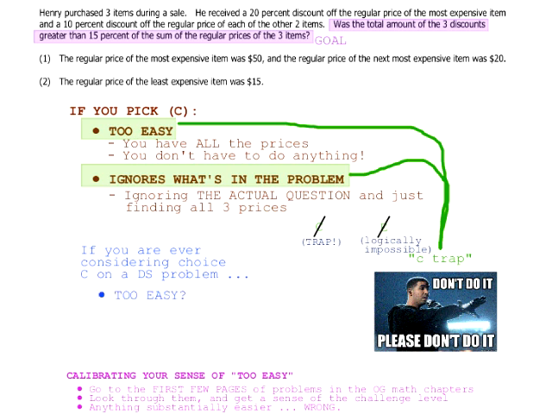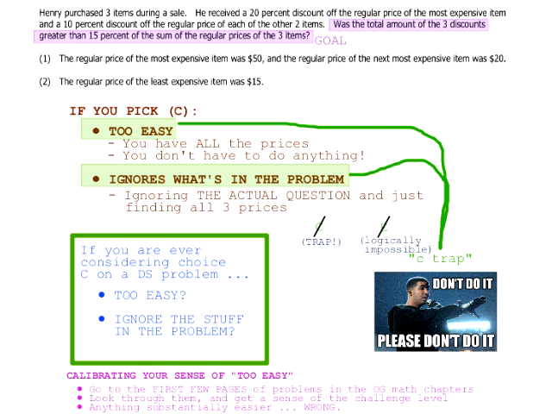And if you don't have a sense of that, you can calibrate it as we talked about below. And does it ignore the stuff in the problem? If the answers are yes to both of these things, do not pick C ever. Don't do it, because it's going to be wrong.